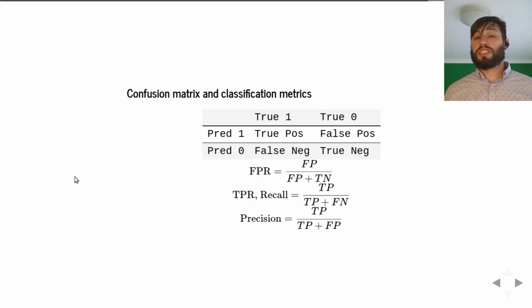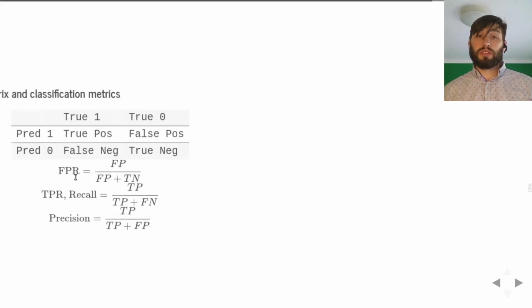As you increase this K, the number that you return and predict as a 1, the recall is going to start to increase, but your precision probably is going to start to decrease, if your score is doing something reasonable.